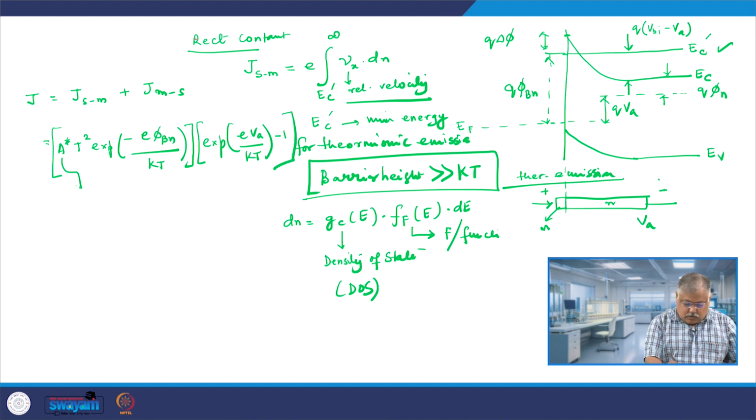This A is a constant which is given by 4 pi e m n star k t k square divided by h cube.